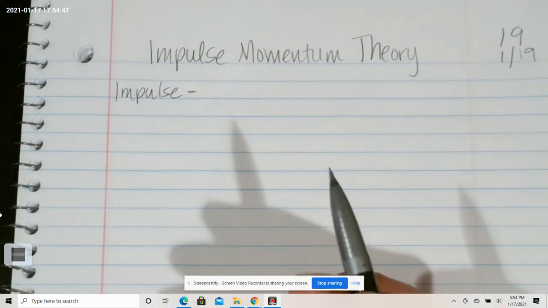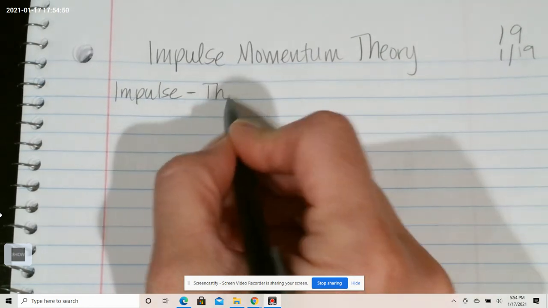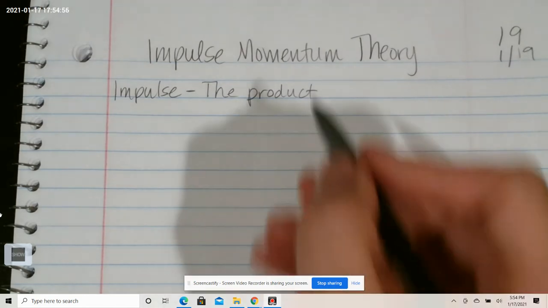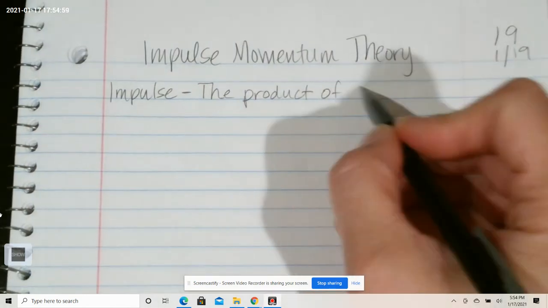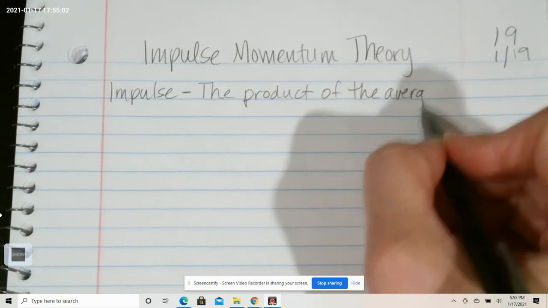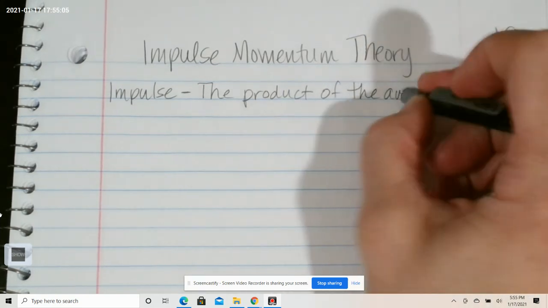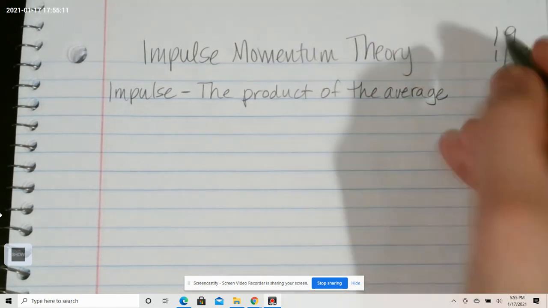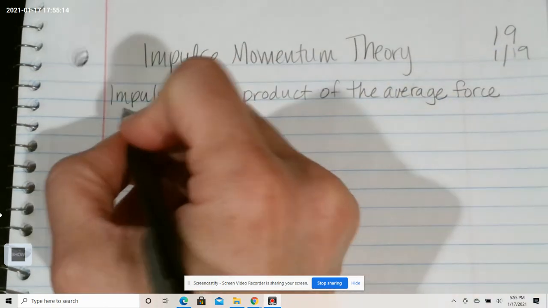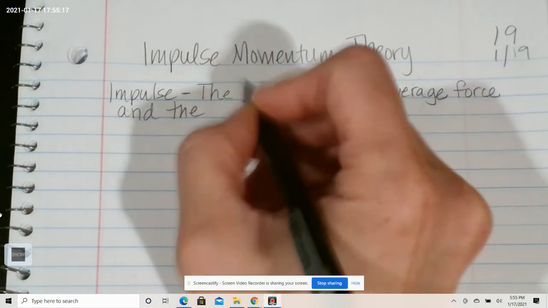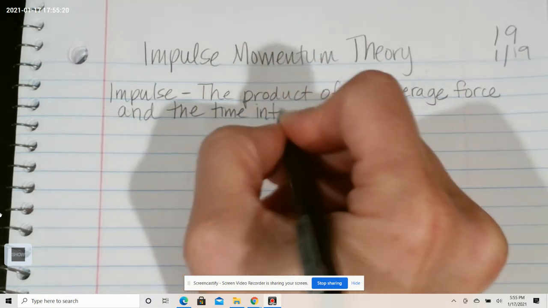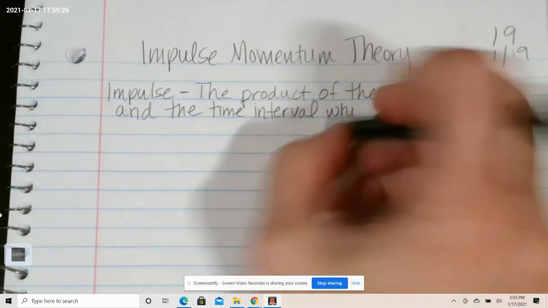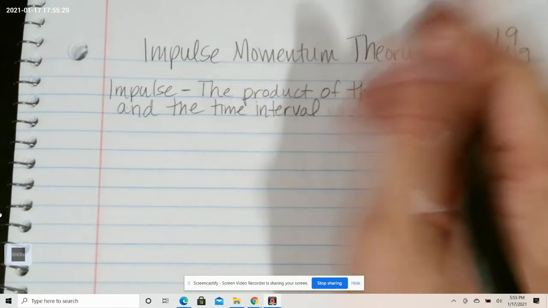So what is impulse? Impulse is the product, another multiplication of variables. It's the product of the average force and the time interval during which the force acts.